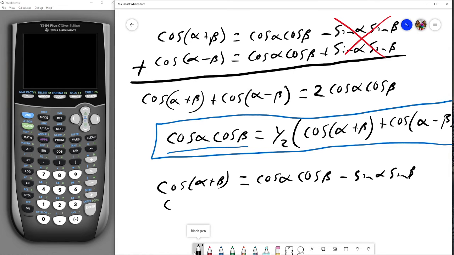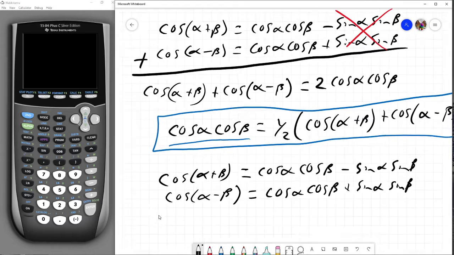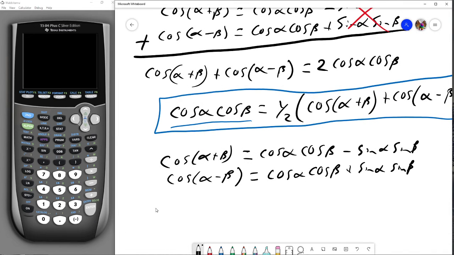And then we have cosine of alpha minus beta, cosine alpha cosine beta plus sine alpha sine beta. Alright, now before we did addition, so what if we were to do subtraction now, right? So this entire quantity is going to be subtracted.